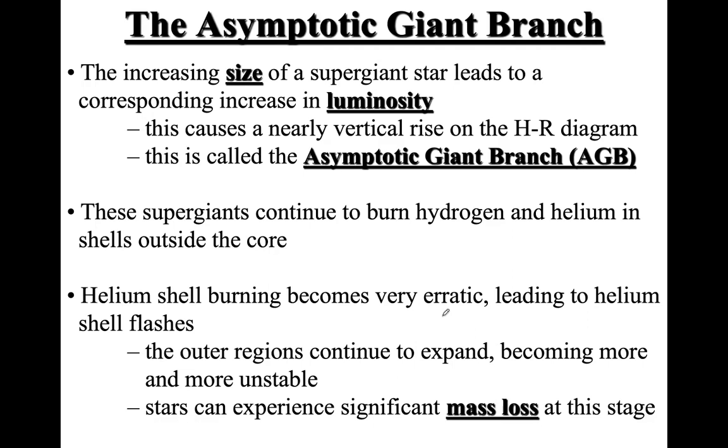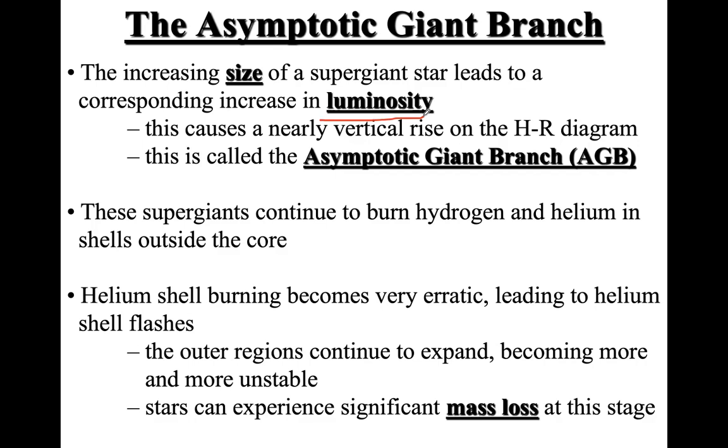Which means now when this becomes a supergiant, the size gets larger, and because of that, these stars will increase their luminosity. Not because the temperature gets higher, but because their size or the surface area gets larger.